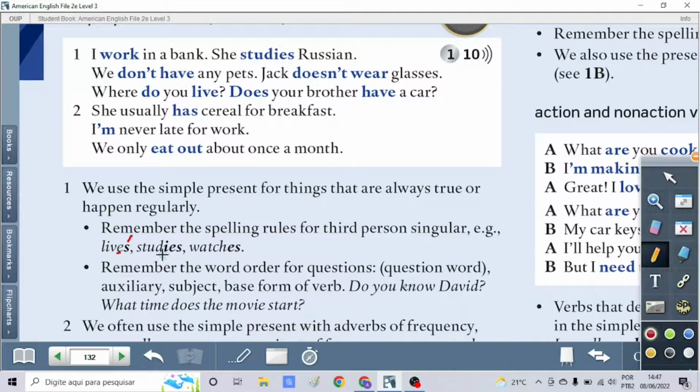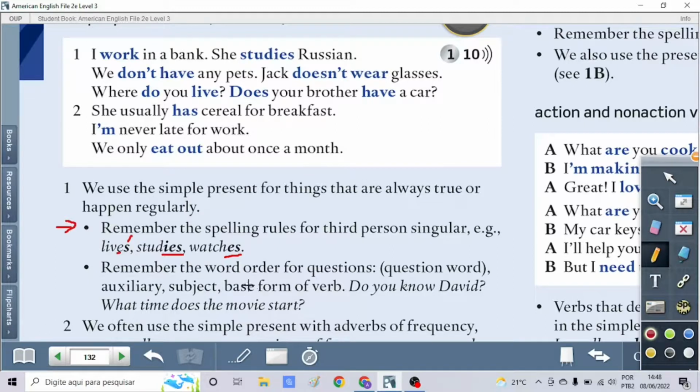If my verb ends in y preceded by a consonant, I need to drop the letter y and add ies. When I have verbs that end in ch, s, x, we usually add es. So attention to the spelling rules.